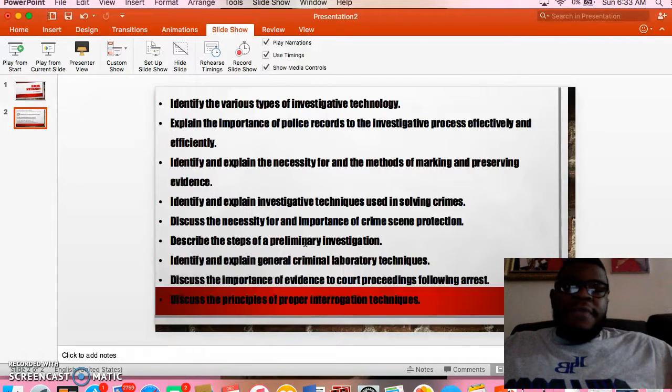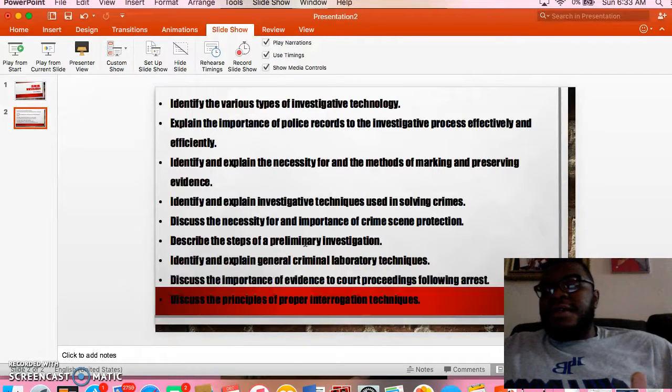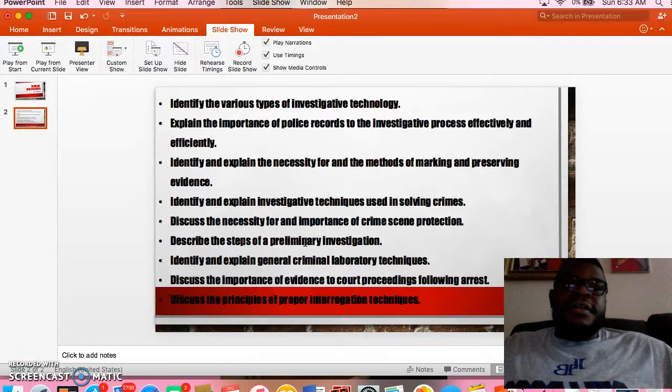Again, it's going to be all up to the officer to see what technique will work best for the subject they have in hand. If the suspect is not reacting well to a firm, aggressive interrogation, maybe it might be better if a different person uses a more laid-back, relaxed type of way for their investigation. But again, it's going to be different for each and every suspect.